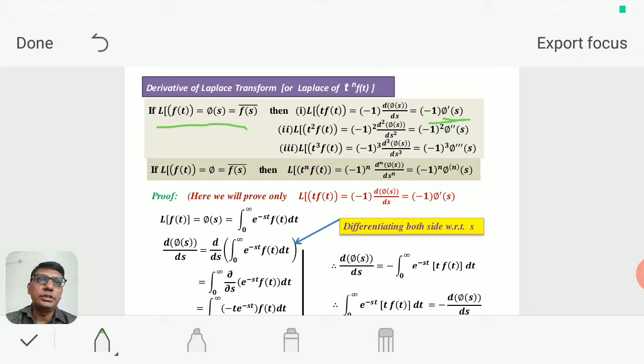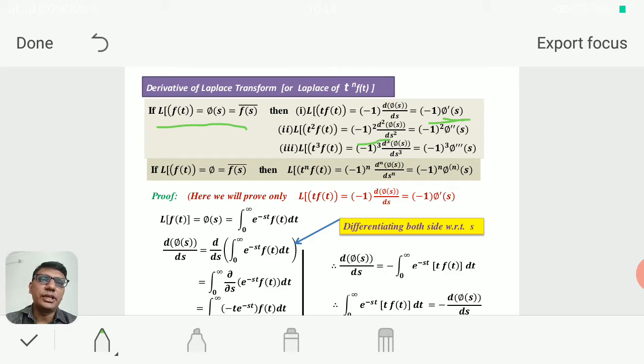So in this theorem, when we multiply f(t) by t, then on the other side we differentiate Laplace of f(t) one time. If we multiply f(t) with t square, then we differentiate Laplace of f(t) 2 times.